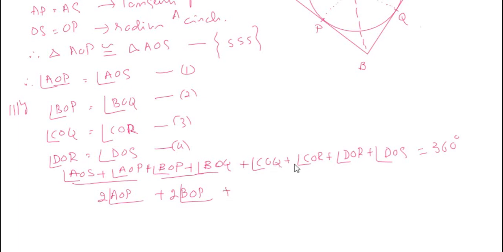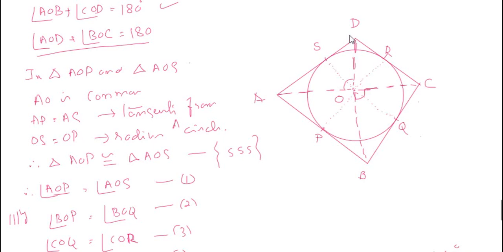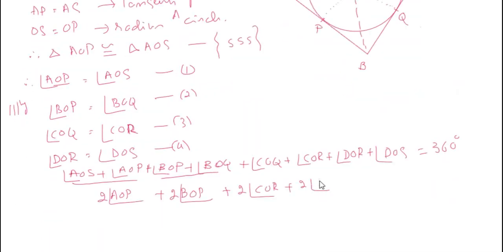COQ and COR, they are equal, so I will write it as 2 angle COR. DOR and DOS I will write as 2 angle DOR. And this is equal to 360.